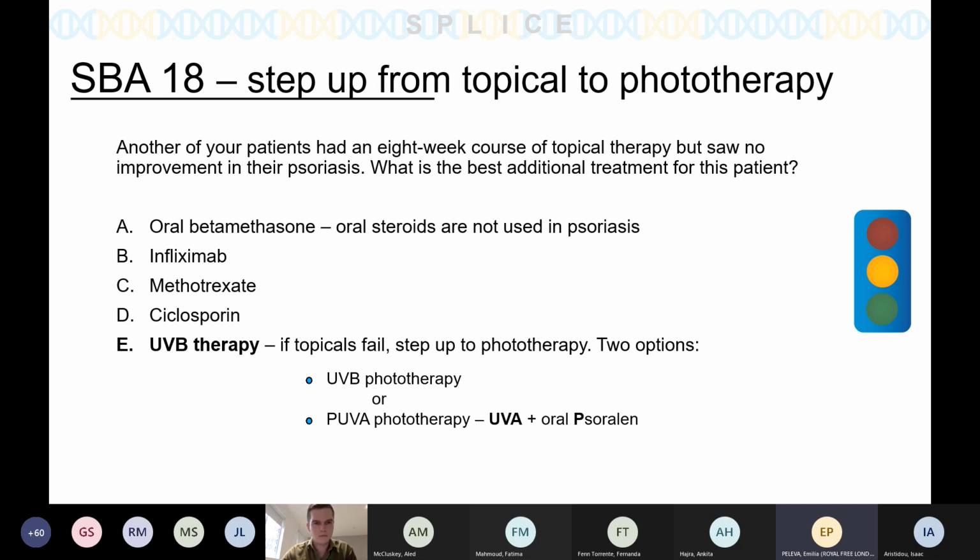So we're really careful about oral steroids. The systemics would be your next option if phototherapy fails. We use methotrexate and cyclosporin, other immunosuppressants, and then biologics would be your next line because they're expensive, if the normal immunosuppressants don't work. It's a good question.